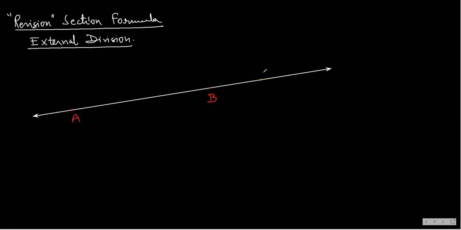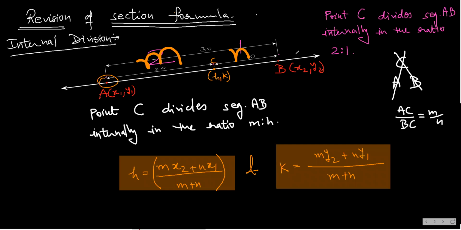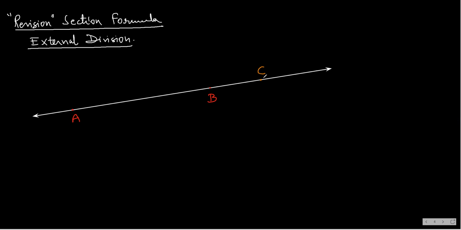So here we have point C, and point C is not in between AB. Remember, for internal division, where was the point C? For internal division, see, this is A, this is B, and C was in between AB. You see this? But now where is point C? Point C is outside AB. Here is point C. Okay, if few of you are thinking that why can't point C be here?